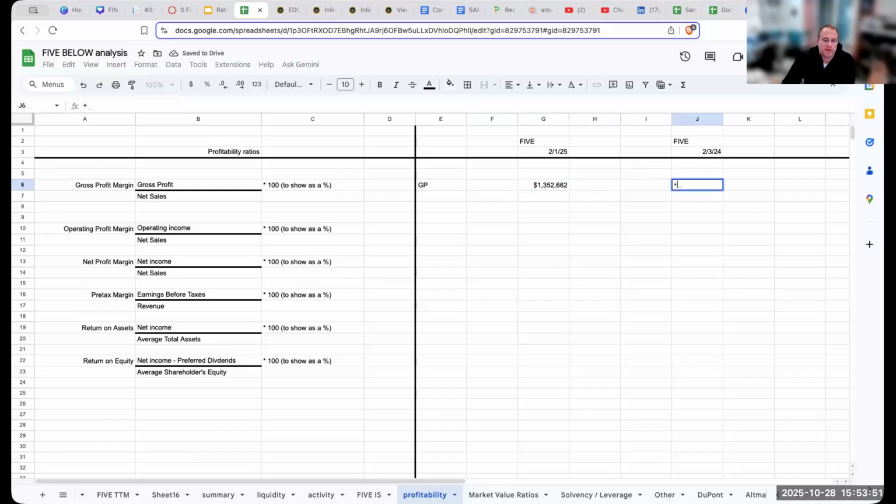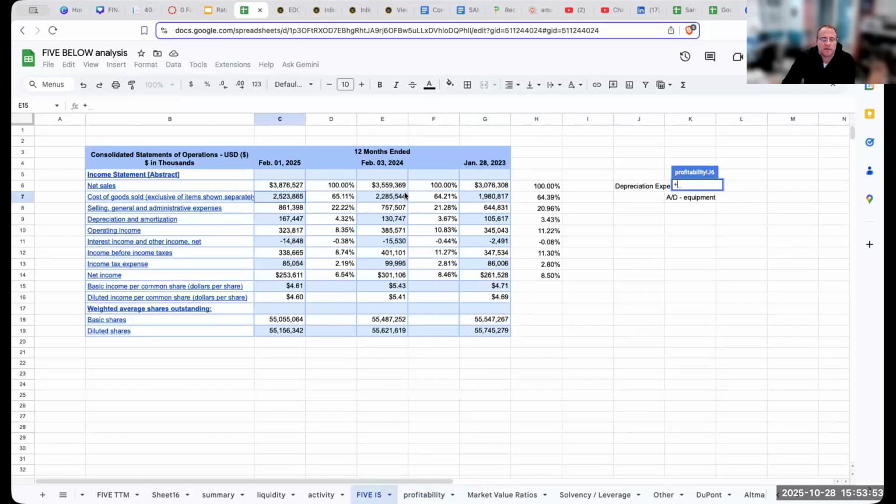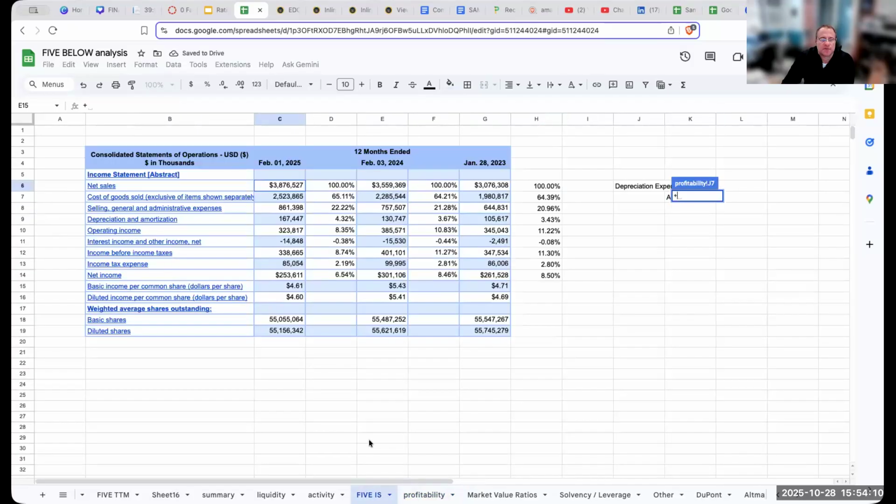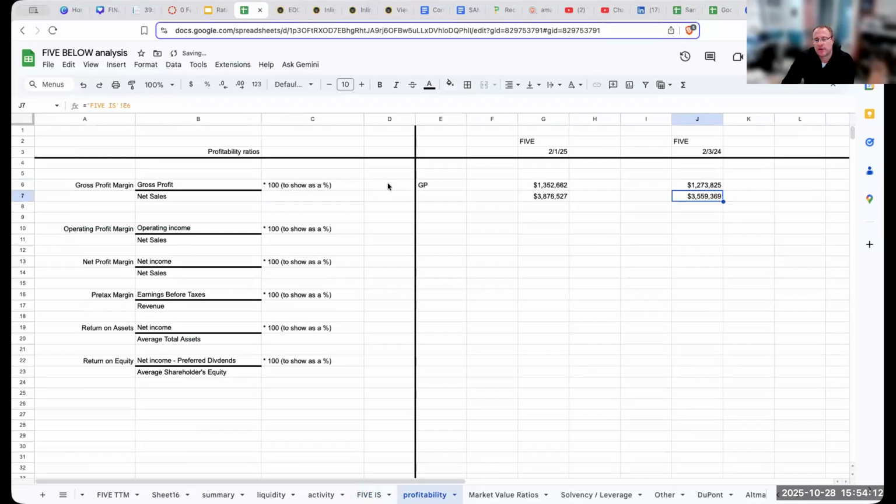For 2/3/24, do the same thing: my sales minus my cost of goods sold, or 1,273,825. I'm dividing this by my sales, 3,876,000, and this one is 3,559,000.